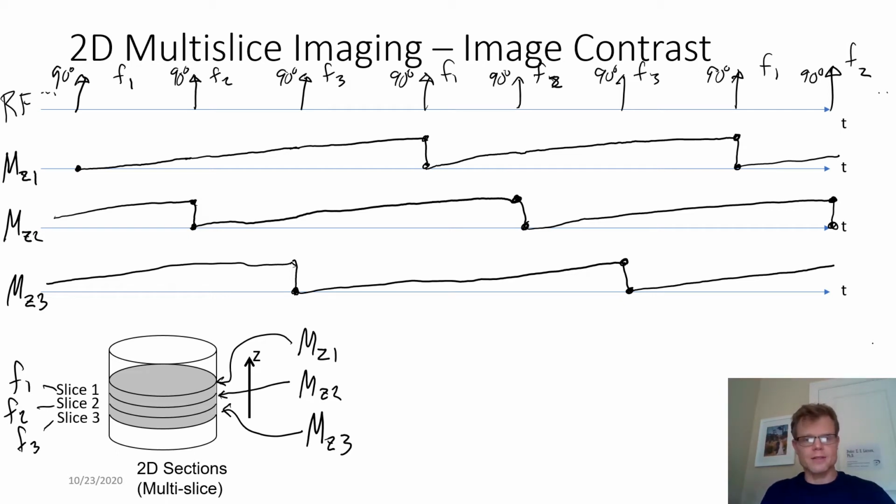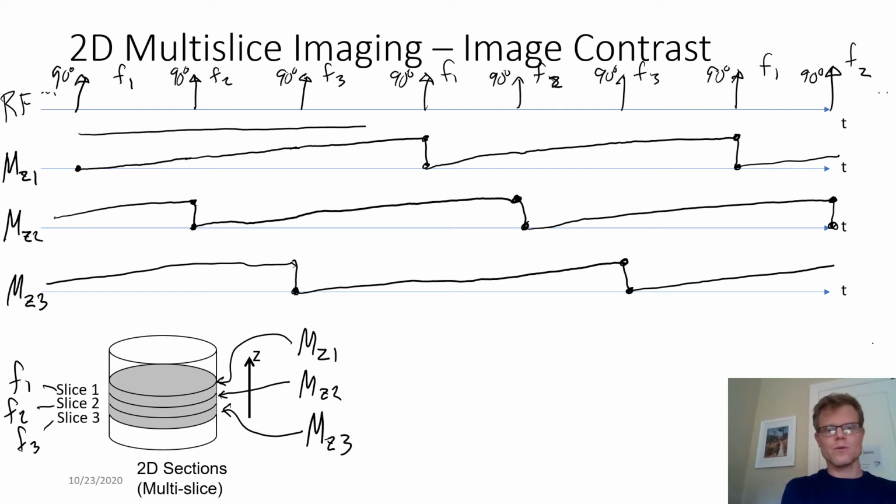So this has now important implications on the contrast, right? And the way we're going to characterize that is we're going to define the TR as the time between when we apply 90-degree pulses on the same slice.